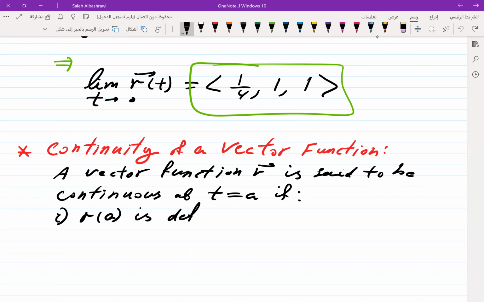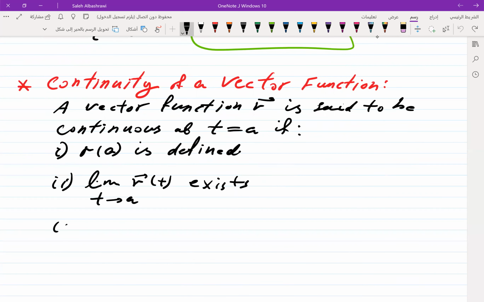Two, the limit exists. Three, that the limit is equal to the value of the vector function at t equal to a.